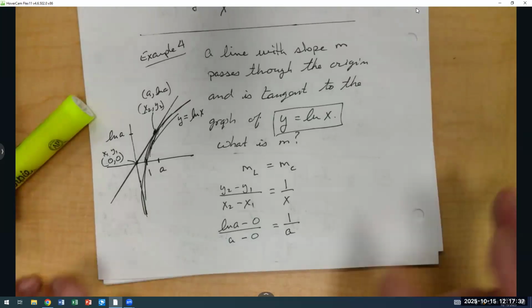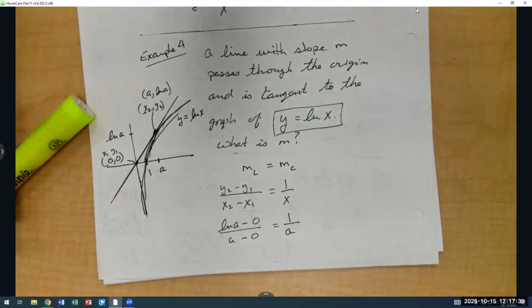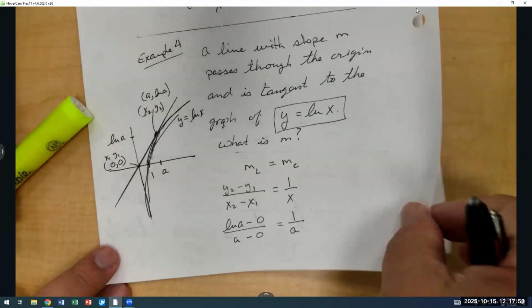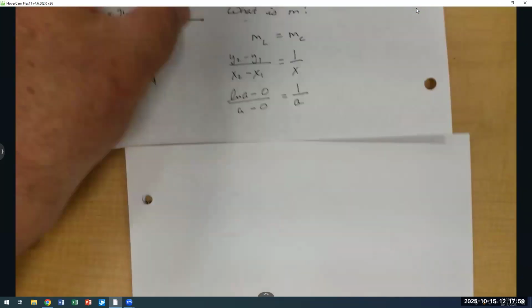So far, so good? Again, the further we get in a course, we tend to overthink things, try to make it something that we just did. No, always go back to the basics. There's the slope of a line, y2 minus y1 over x2 minus x1. All right, so back up there.